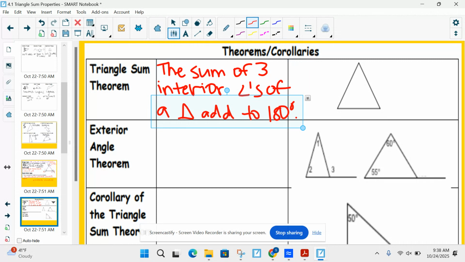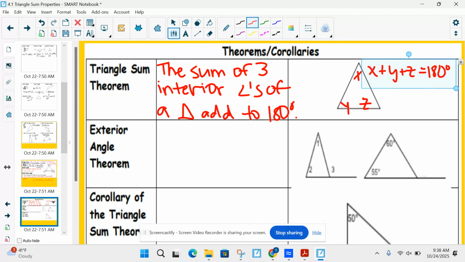This is something that you know, but there's a theorem and it's called the triangle sum theorem. So if we call this, let's say x, y, and z, x plus y plus z is equal to 180 degrees.